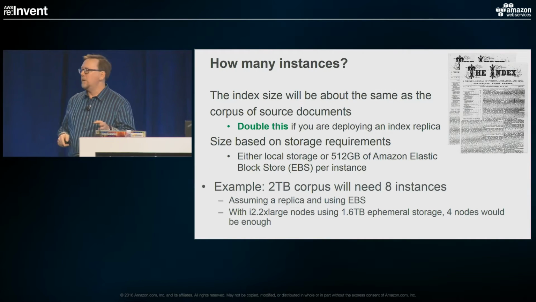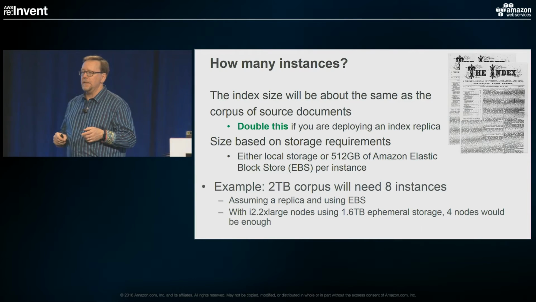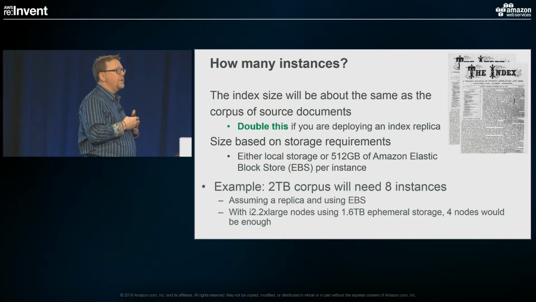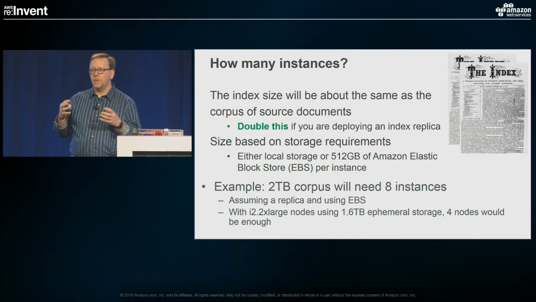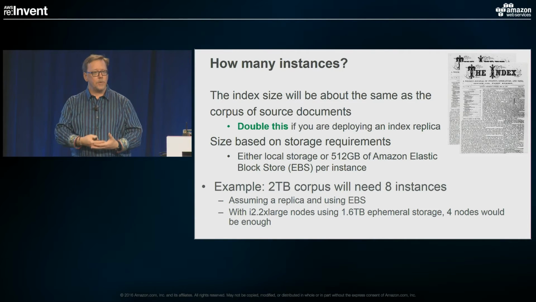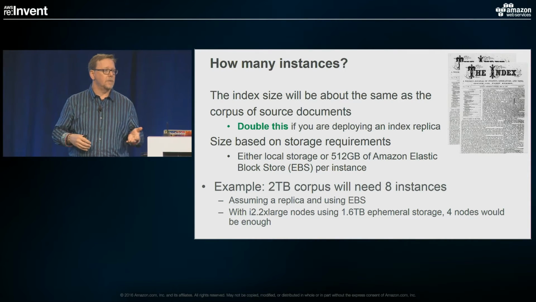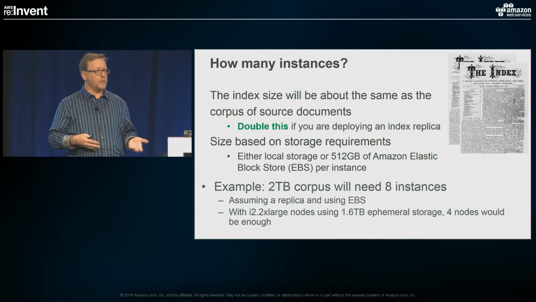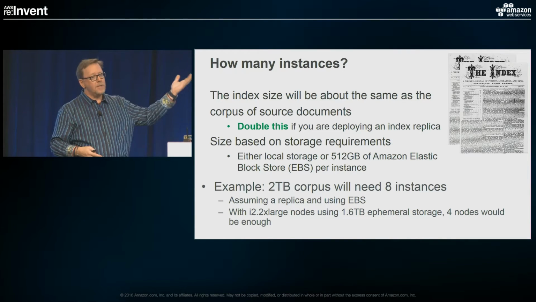So thinking about how many instances, what we want to do is understand that we're going to be deploying these indexes onto nodes, and the index itself will be stored on the node. So we need to have enough storage to hold what the index is, right? So how do we figure out how much storage we need? Well, the documents come in.